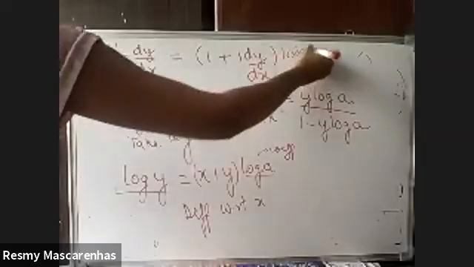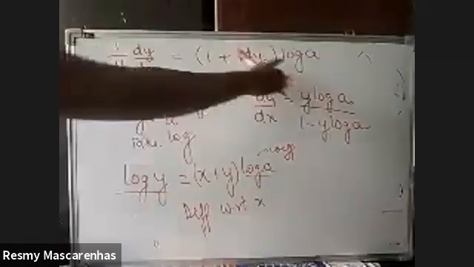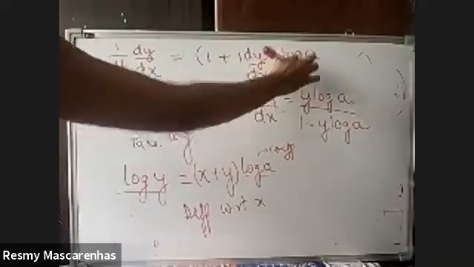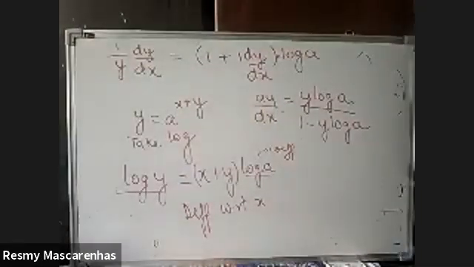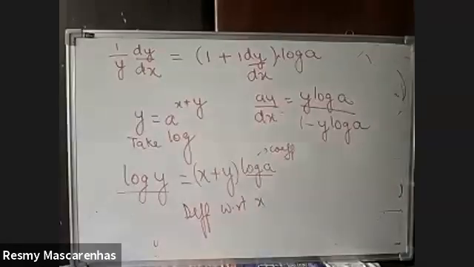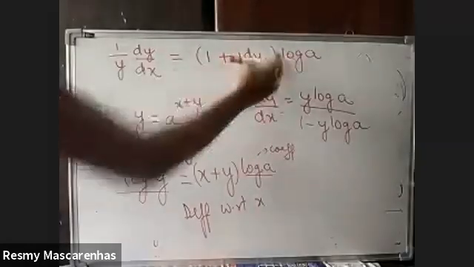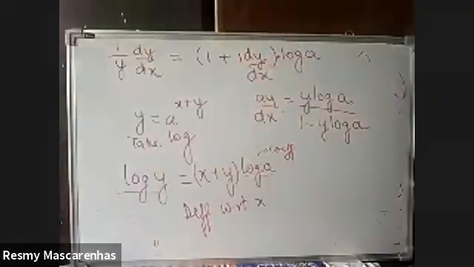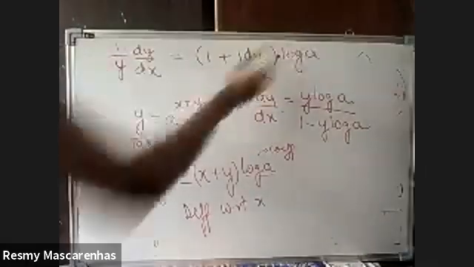Keep log a like that only because it is a number. Don't make this 0. It is not separate. It is attached to this one, so you cannot make this one 0. Only if it was separate, something plus log a outside, alone, then the answer would be 0. So keep it like that only, log a.